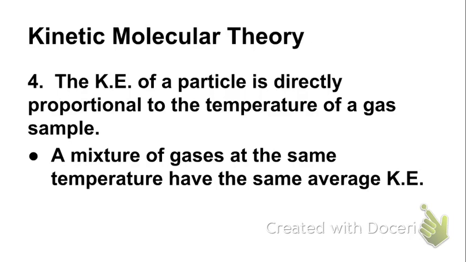So within a mixture of gases, all gases are going to have the same average kinetic energy. Okay, they're all going to have the same temperature in a mixture. In this room, we got oxygen, nitrogen, and some other gases. And they all have the same kinetic energy associated with them. So after you write that down, I'm going to go ahead and do a drawing, and the drawing is going to have some things different than the first one.